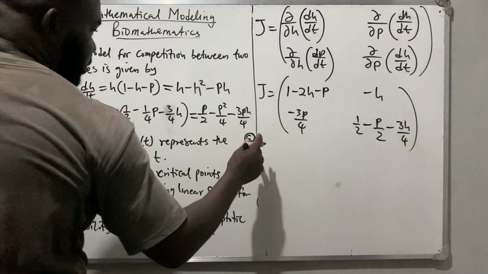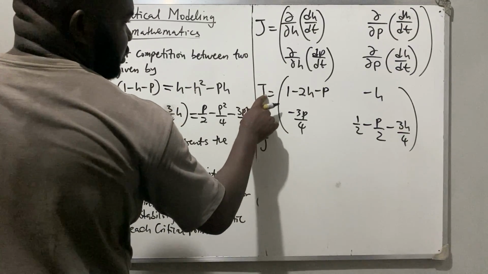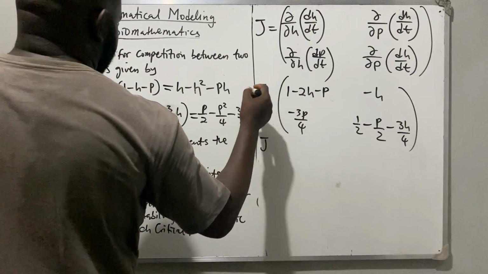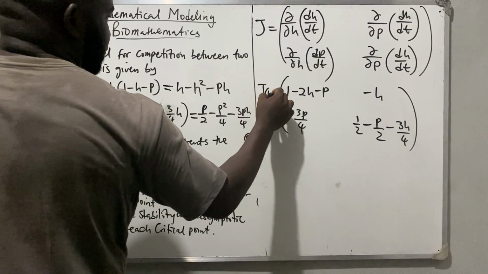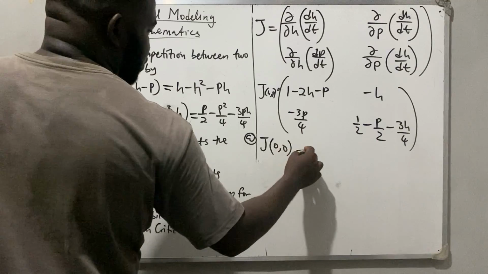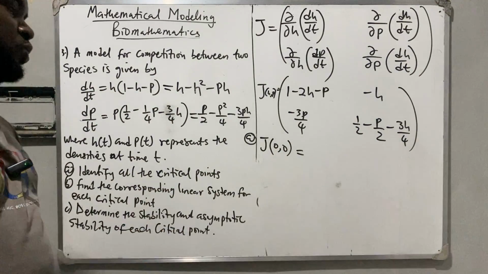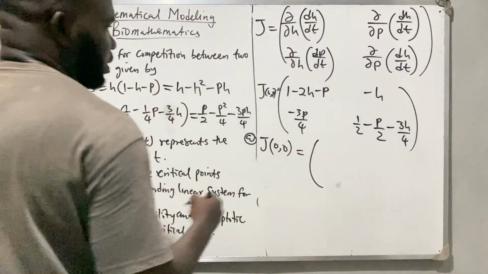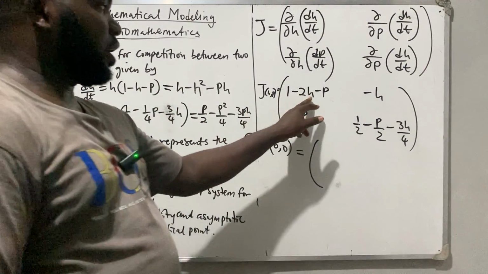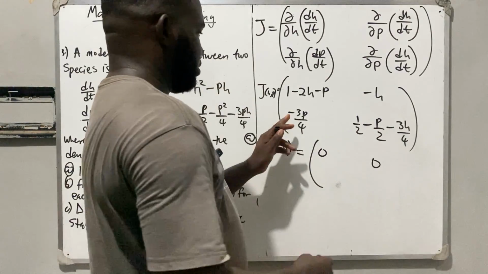So the first critical point, if you can remember, is 0, 0. I hope you know that this is J of H and P. So J at 0, 0 will be: anywhere we see H, we put 0, and anywhere we see P, we put 0. So if I put 0 here and 0 here, I'm having 0 here. Here is 0.